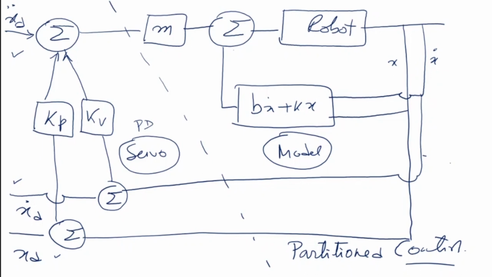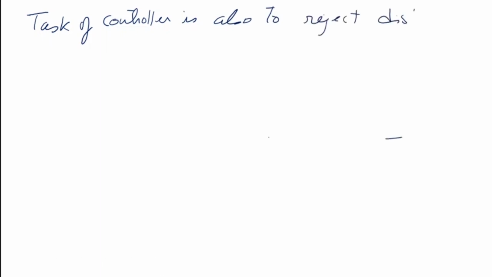Now something important here is that this partition control system can take care of nonlinear systems also, and we'll see how. Now let's look a little further and see that the task of a controller is basically to reject some kind of disturbance. Now where would this disturbance come from?